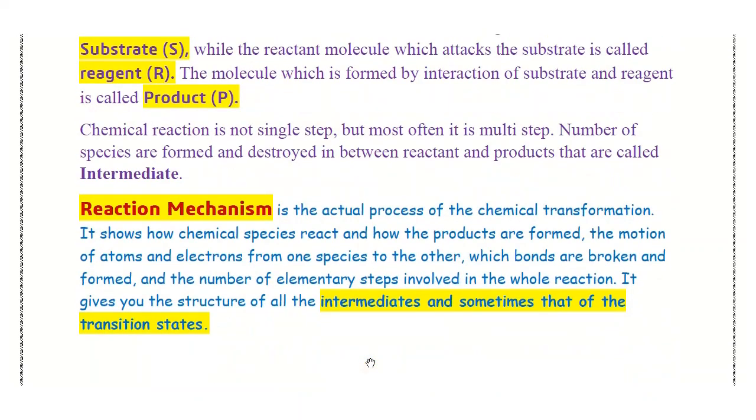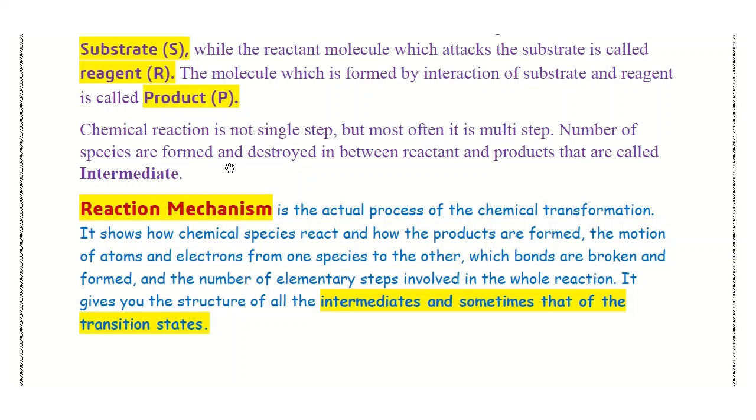This chemical transformation of the reactants into the product can be a multi-step reaction, and at the same time it can occur in a single step, but most of the time a chemical reaction occurs in multiple steps, which involve the formation of different intermediate subproducts or other intermediate species, some of which can be reactive and some of which can be stable.